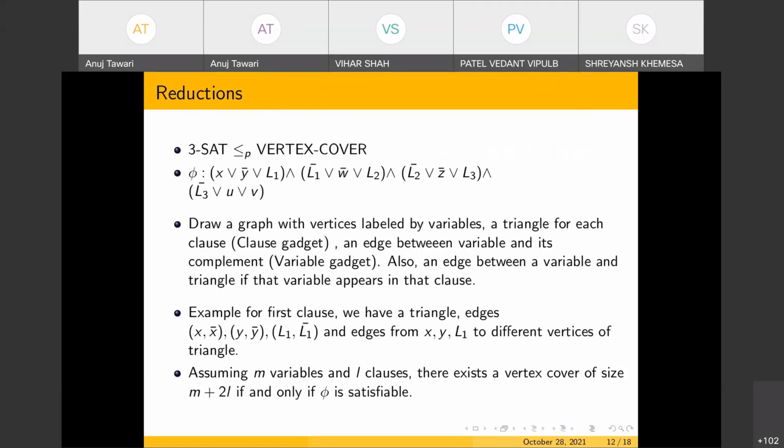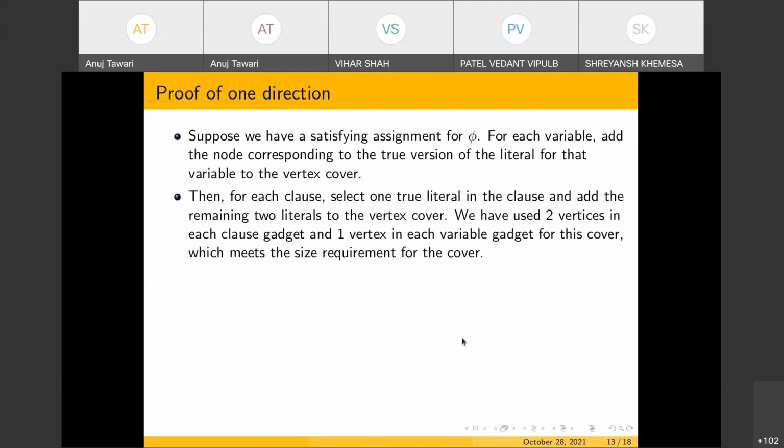So in this case, let's say x was true, then we will add x to the vertex cover. Or if y bar is true, then we will add y bar to the vertex cover. And then for each clause, we select one true literal in the clause and add the remaining literals to the vertex cover.